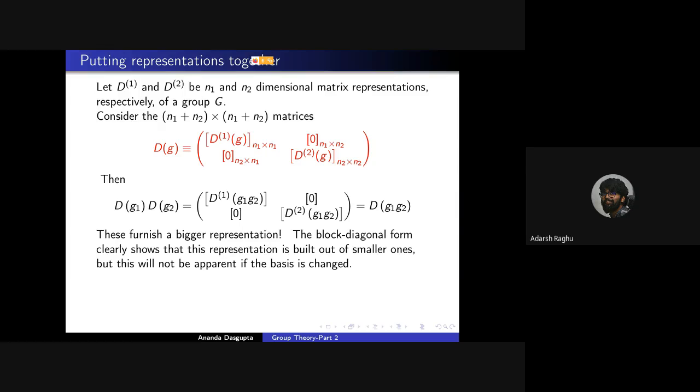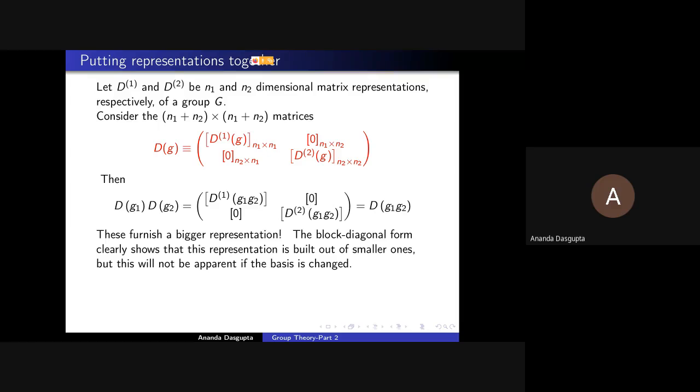So is it because the dimensions of the blocks have to be the same across all G? Exactly. The point is, it's really not so much the dimension. The point is, you have to find a single similarity transformation which will block diagonalize all of the matrices together. So you will have not one matrix to deal with, but many matrices, as many matrices as group elements, and each one of them has to be block diagonalized by a single similarity transformation.